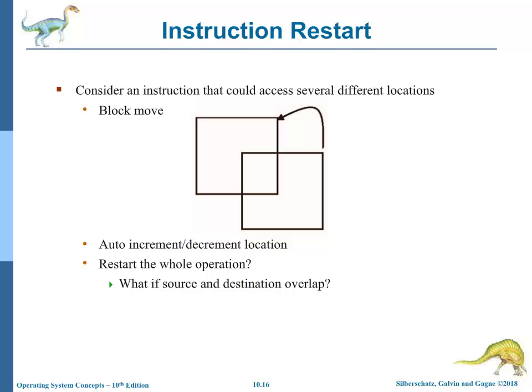If some of the data gets modified before the page fault occurs, this could cause problems. One solution is to access both ends of the block before executing the instruction, guaranteeing that the necessary pages get paged in before the instruction begins.